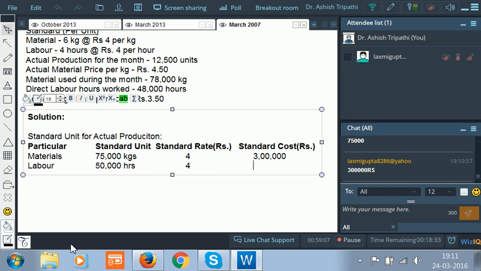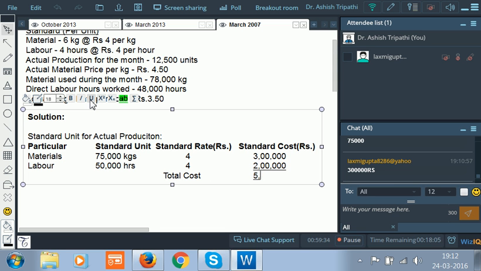And standard rate, labor rate is again 4 per hour, so your standard cost will be 50,000 into 4, which will give you rupees 2 lakhs. So we will say total cost as 5 lakhs.